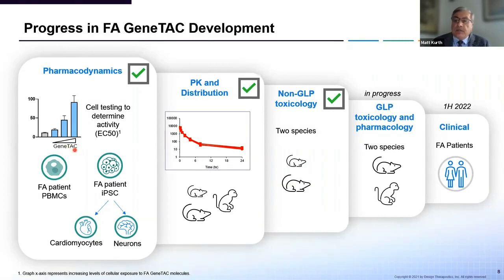Non-human primates simply means a small monkey that has very similar physiological characteristics to humans and is accepted by the FDA as a species that will allow us to demonstrate that the molecule is safe enough to start to administer into patients at the appropriate low starting doses. Our hope is to have our first trial up and running by the middle or before the middle of next year.